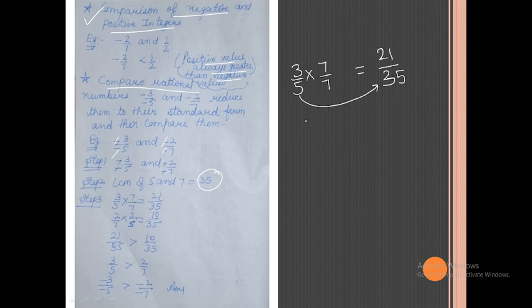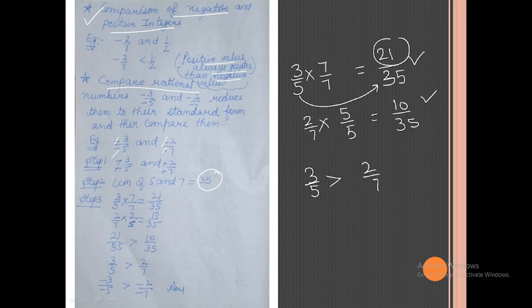Similarly, 2 by 7 is also solved: 35 divided by 7 we get 5, and 5 is multiplied with numerator and denominator, and 2 fives are 10. Now you can see 21 is greater, so we can say that 3 by 5 is greater than 2 by 7.